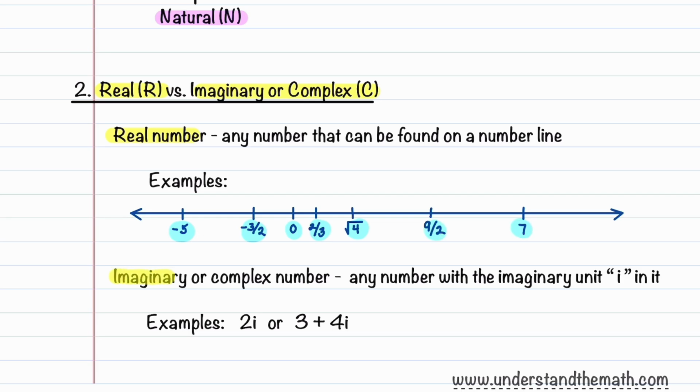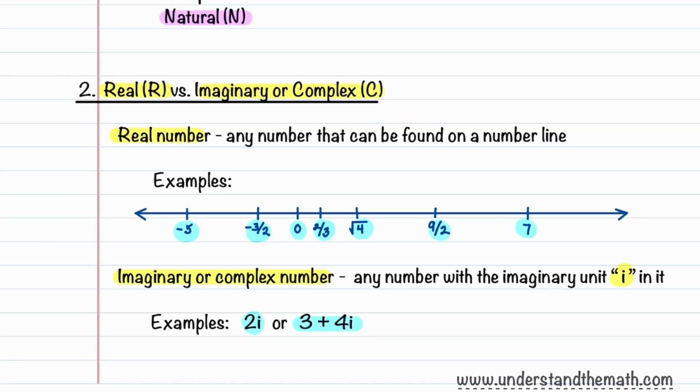An imaginary or complex number is any number with the imaginary unit i in it, such as 2i or 3 + 4i. To make it simple, just remember that if a number doesn't contain i, it's a real number, and if it does contain i, it's a complex number.